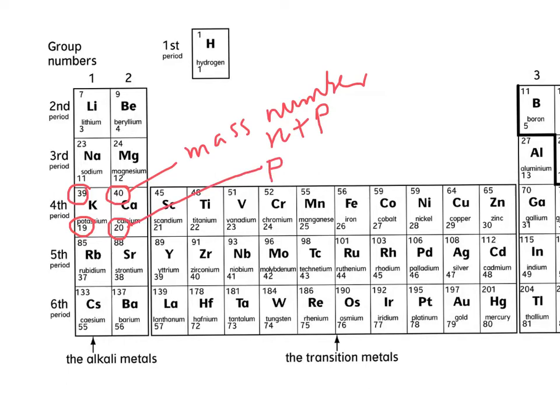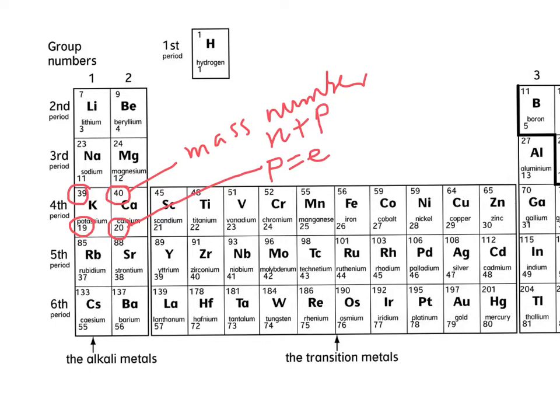If you want to know the number of electrons, that is equal to the number of protons, because an atom is neutral. The number of protons has to be equal to the number of electrons for an atom to be neutral, because protons are positive in charge and electrons have negative charge. So they must be equal in number for an atom to be neutral.